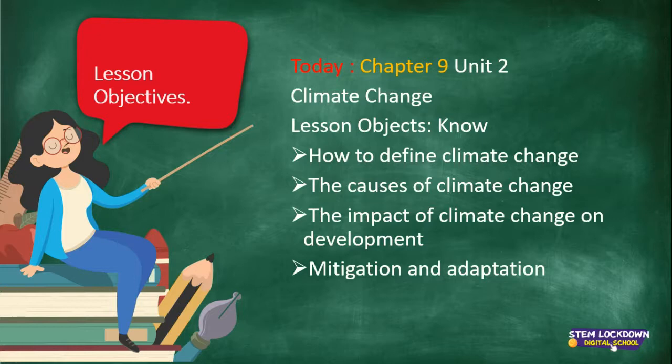Today's lesson objectives are that you know how to define climate change, the causes of climate change, the impact of climate change on development, and these two approaches that climate experts have come up with in order to resolve the problem of climate change. The two are mitigation and adaptation.